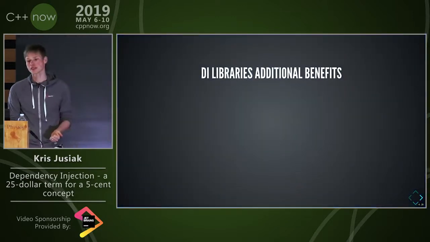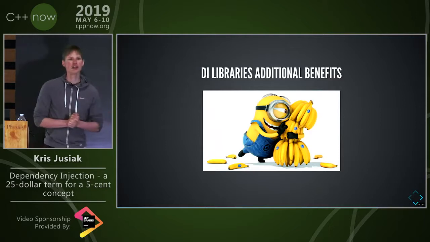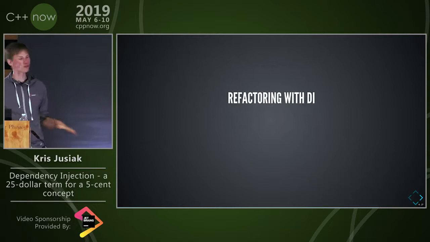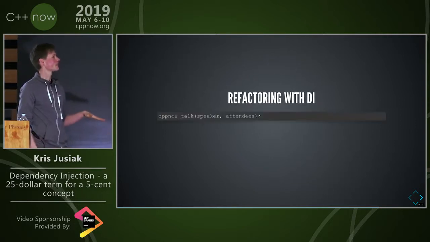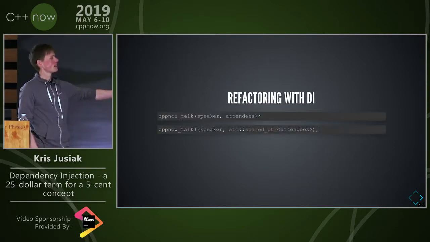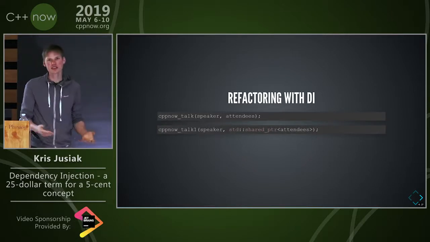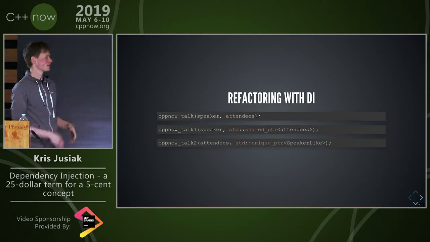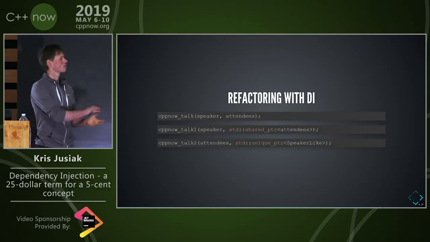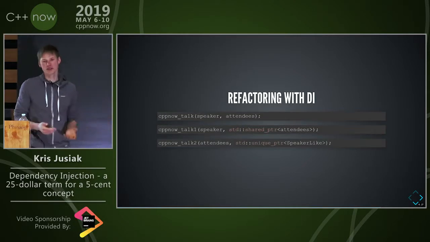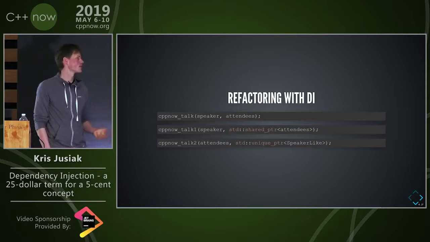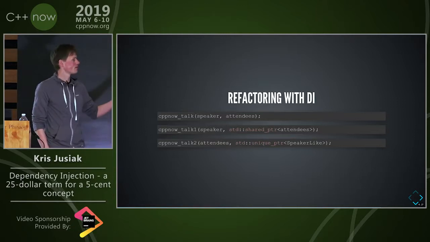And there are more benefits, and we all like benefits which are free, I guess. So, refactoring with DI quickly. Let's change the constructor parameters, because that's a refactor we sometimes do, right? We change the order, we add parameters, because of new requirements. We deal with it and we change it because we have to.